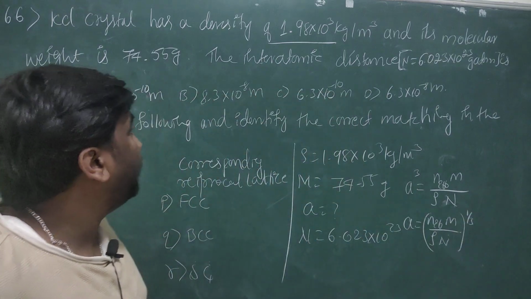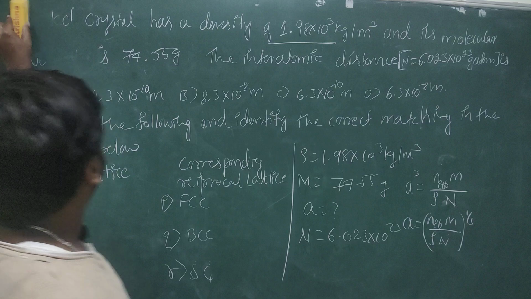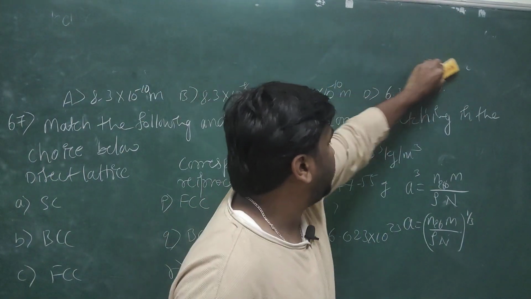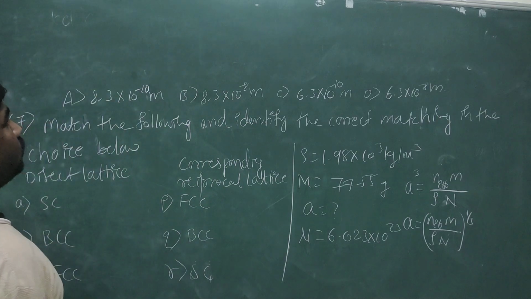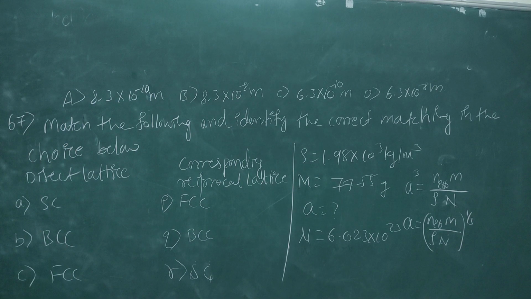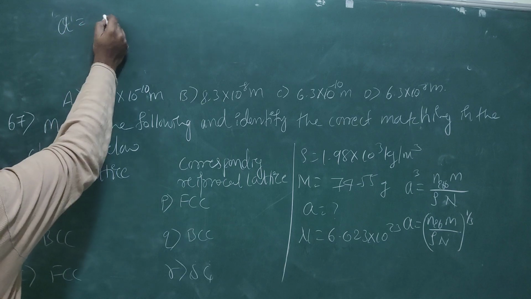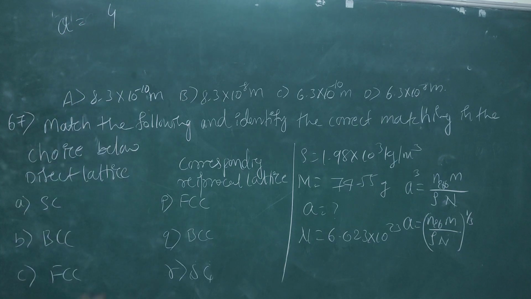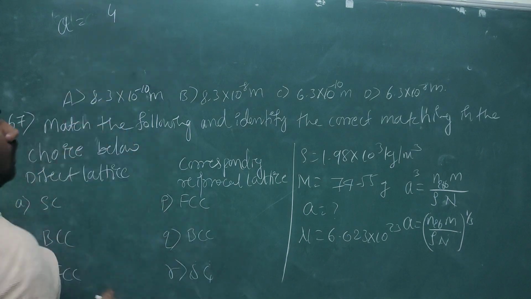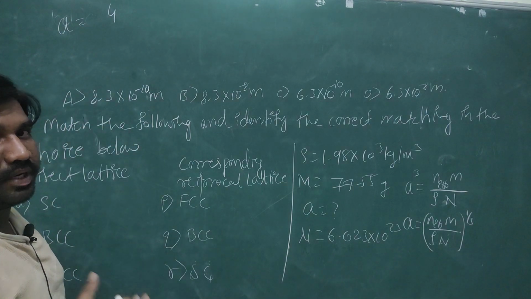If you substitute the corresponding constants and calculate, I will substitute that. a is equal to, n effective is 4, because for FCC it is 4 lattice points or atoms per unit cell.